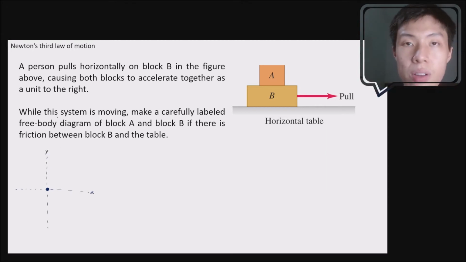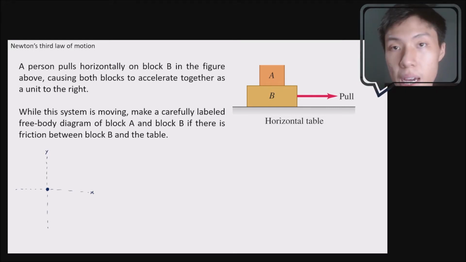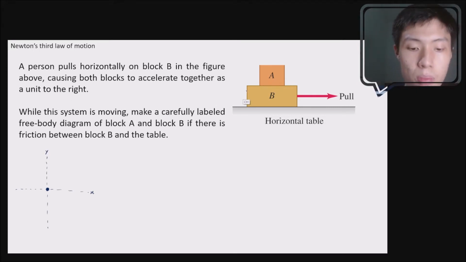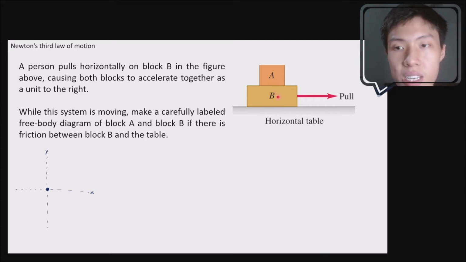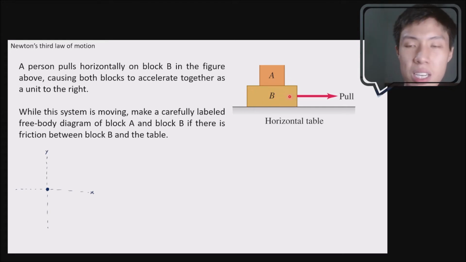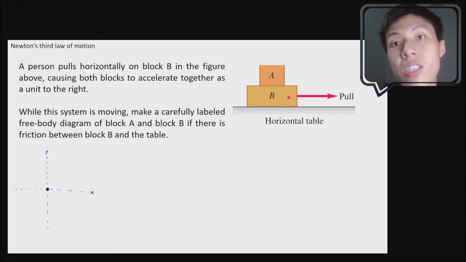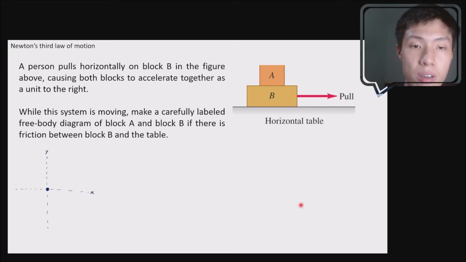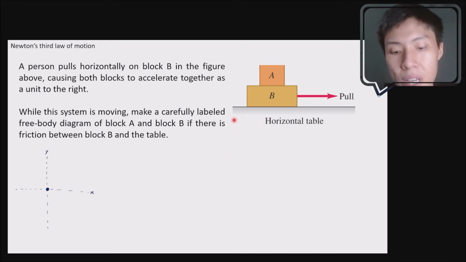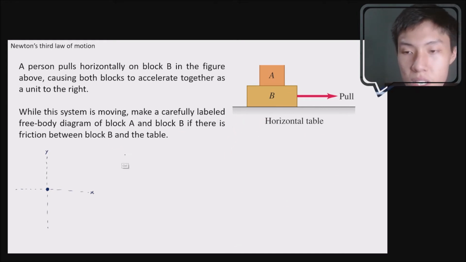Now let's ask ourselves the 5 questions in order to determine all the forces acting on block B. First, does block B have mass or not? Yes, block B is made of something, probably wood, so it has mass. If it has mass, then the earth is beneath it, so there should be weight pointing downwards, exerted by the earth on block B. So weight.